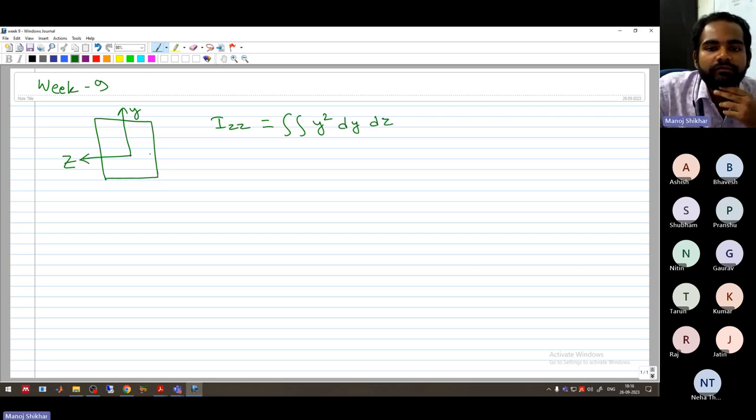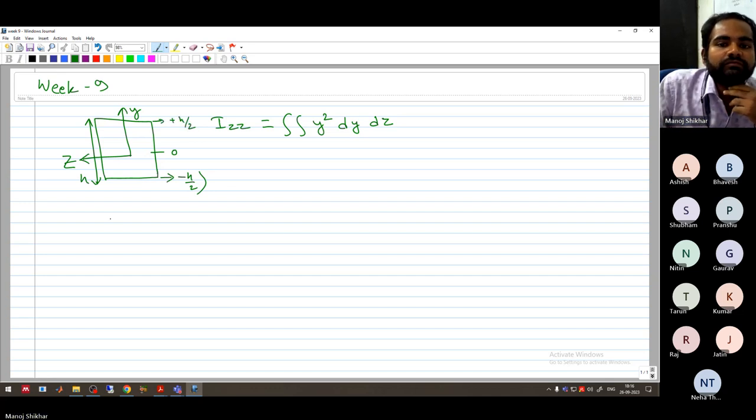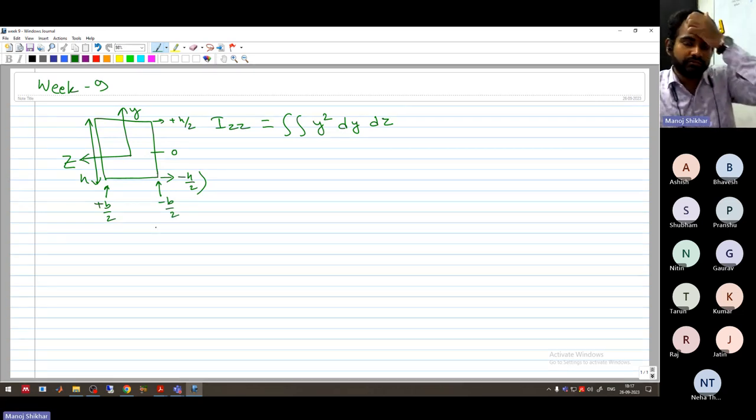Now what will be the limit of y? Suppose this is 0 and the total height is h. So the coordinate here will be minus h by 2, and here it is plus h by 2. Similarly, z will vary from minus b by 2 to b by 2.